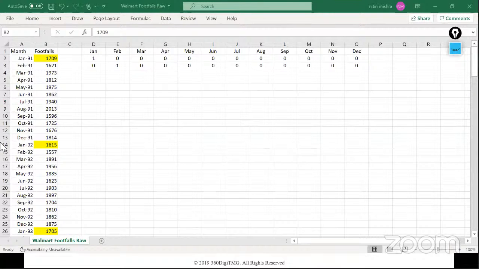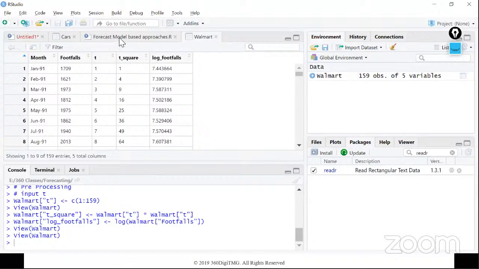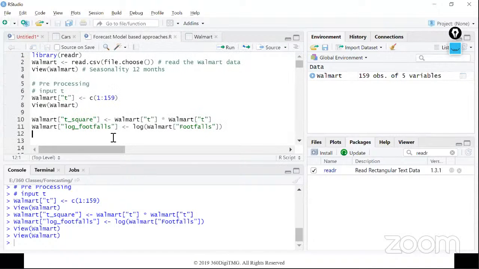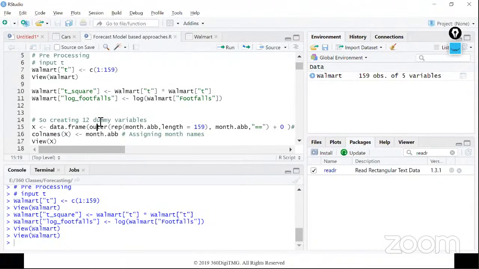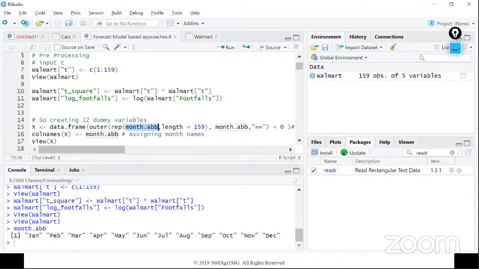So that is what we are now going to do in our code by creating that dummy variable aspect. I'm going to create an object called X, in which I am going to put the month.abb. Month.abb, if you look at it, is nothing but Jan, Feb, March.